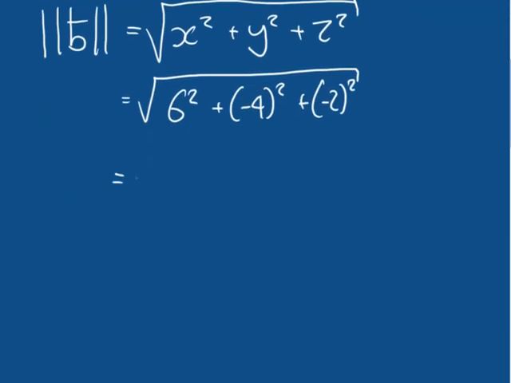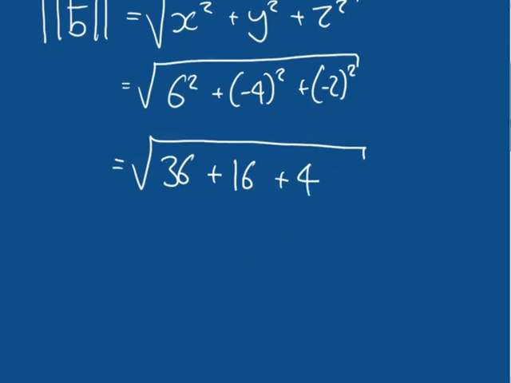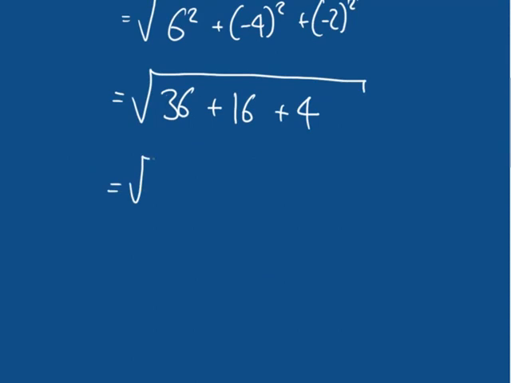which is equal to the square root of 6 squared. I actually should work out the square of 6, my apologies. So 6 squared is 36, plus minus 4 squared is going to be positive 16, so plus 16, plus minus 2 squared is going to be 4, so plus 4, which is equal to the square root of, well, 16 plus 4 is going to give us 20, and 20 plus 36 is going to give us 56.